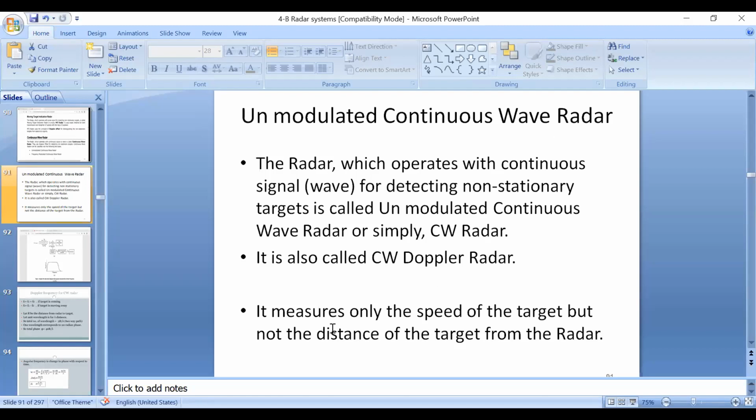In order to extend the range capability, to measure that range, we go to the next concepts: CW radar with non-zero IF receiver and FMCW radar. But with unmodulated continuous wave radar, the range information is not provided. Only the speed of the moving target is detected by using this continuous wave Doppler radar.